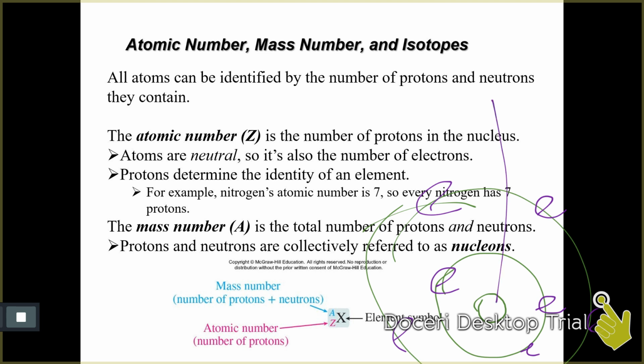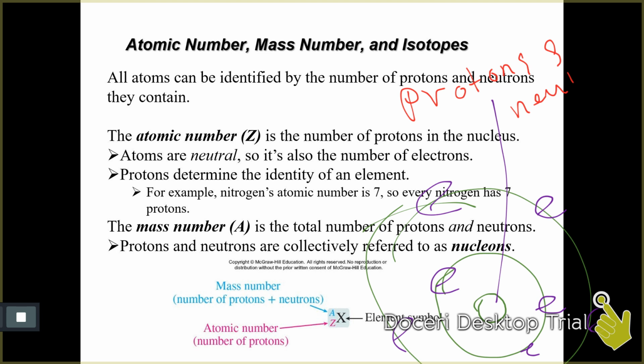Let me take another color. So you have the protons and the neutrons in the nucleus, and the electrons surround the nucleus.